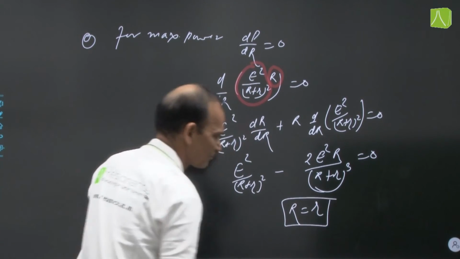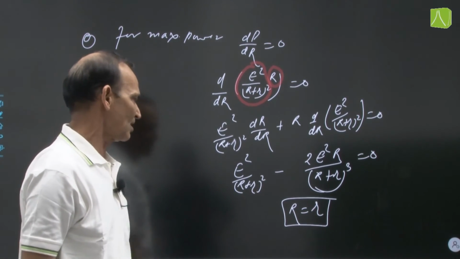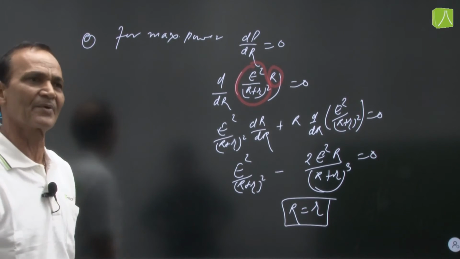You have to remember, if the total internal resistance and external resistance are equal, then current will be maximum, so power will be maximum.